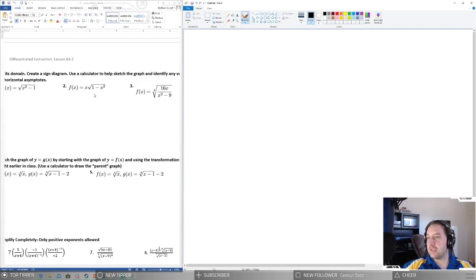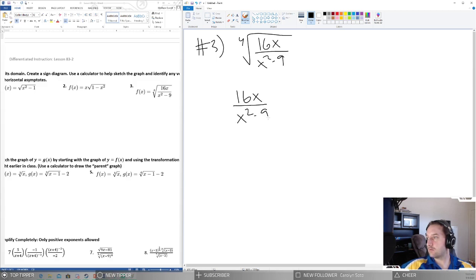So for number 3, we have the fourth root of 16x over x squared minus 9. So it can't be negative inside of the root. So we set whatever's inside that root to greater than or equal to 0. Now it's a rational inequality.